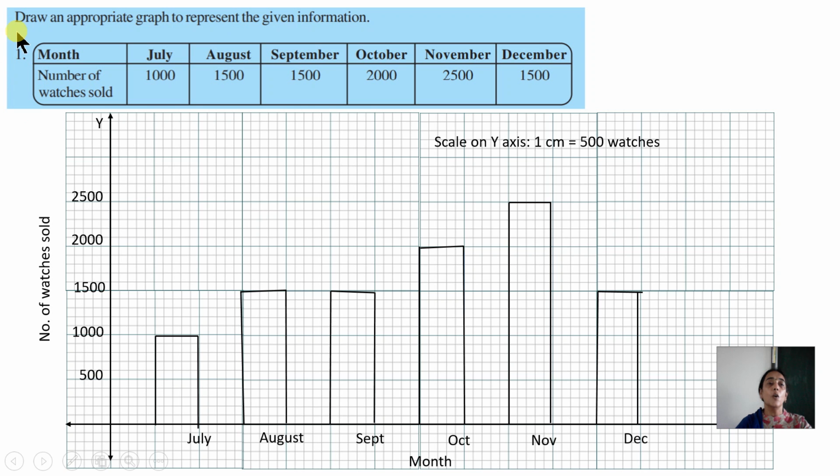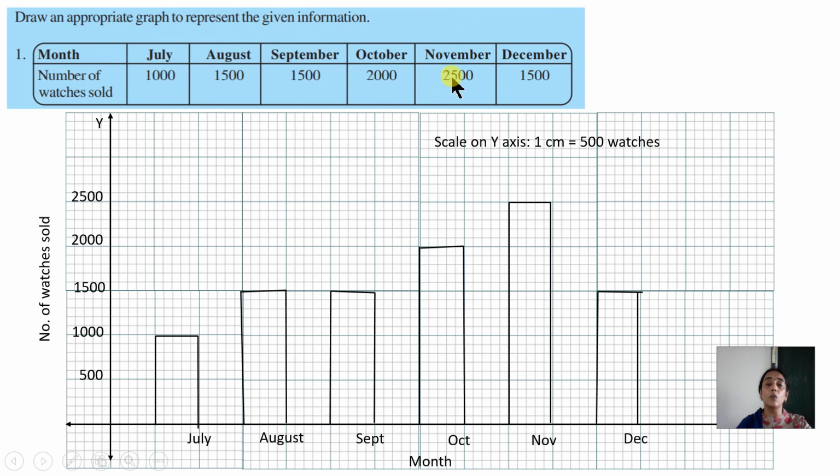You are given: draw an appropriate graph to represent the given information. You won't be told whether to draw a bar graph, a double bar graph or a histogram. You should know this on the basis of the information given to you. Whenever the information is given as names of months, students or years, with numerical information for each of them, we represent it as a bar graph, since a single set of information is given.